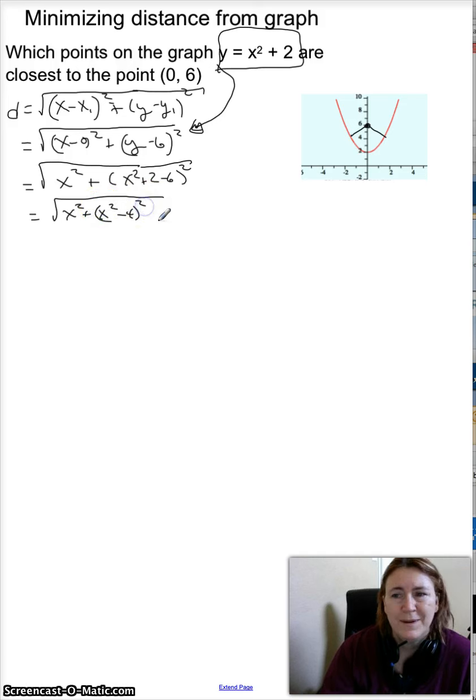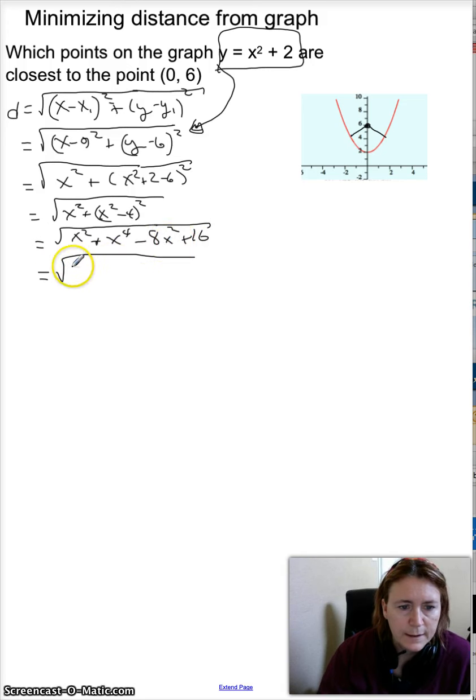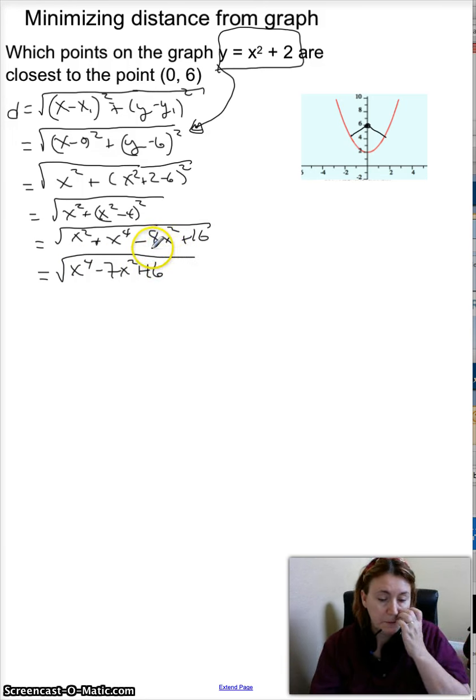And yes, we're going to have to multiply this mess out. So this is the square root of x squared plus x to the 4th minus 8x squared plus 16. Now, oh my gosh, this is the square root of x to the 4th minus 7x squared plus 16. Now, good news and bad news for you.